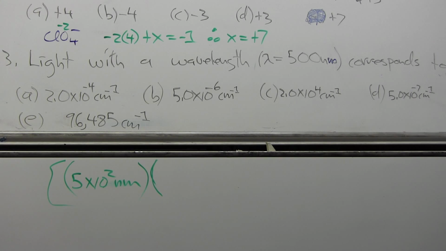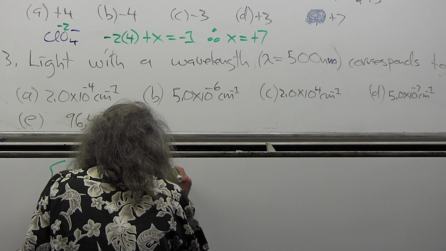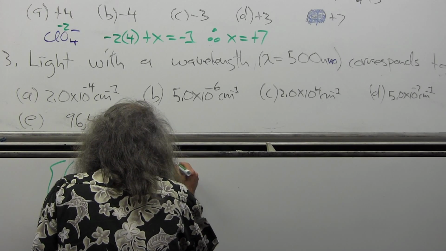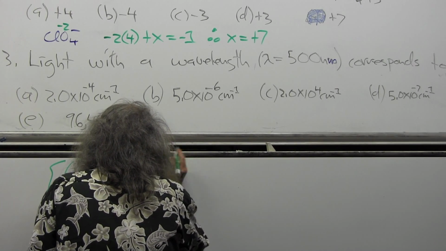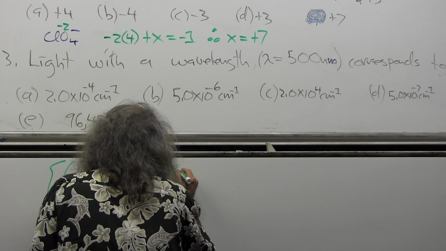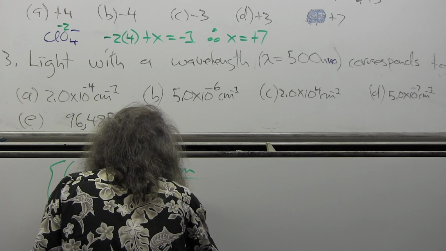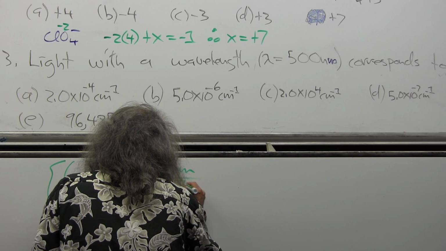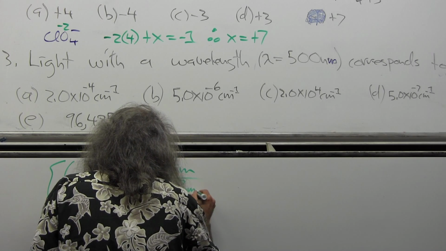How many nanometers are there in a centimeter? Well, there's 10 to the 9th nanometers in a meter, and a centimeter is 10 to the -2 meters. So I can just move the decimal point over. So 1 centimeter is going to be 10 to the 7th nanometers.